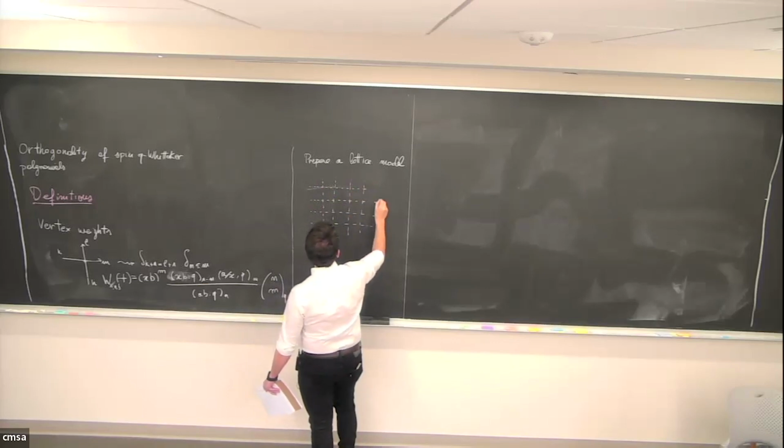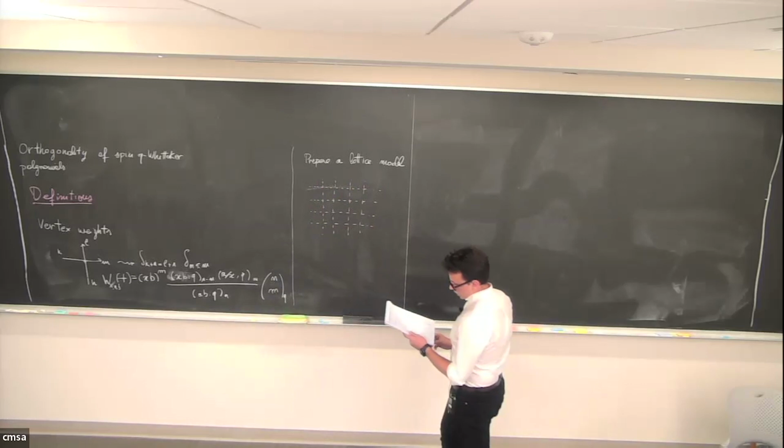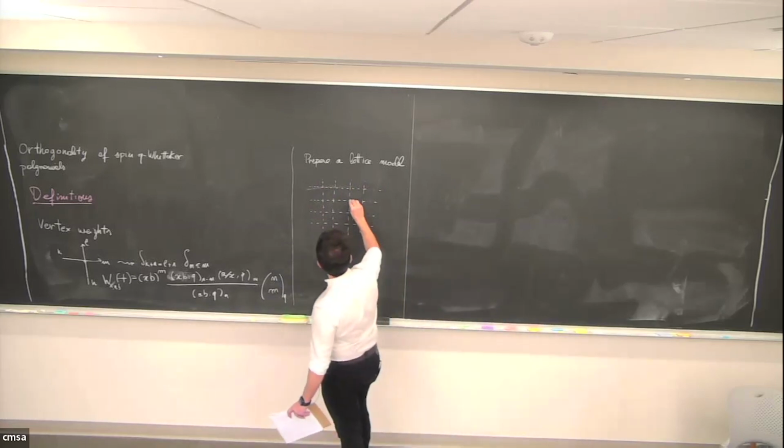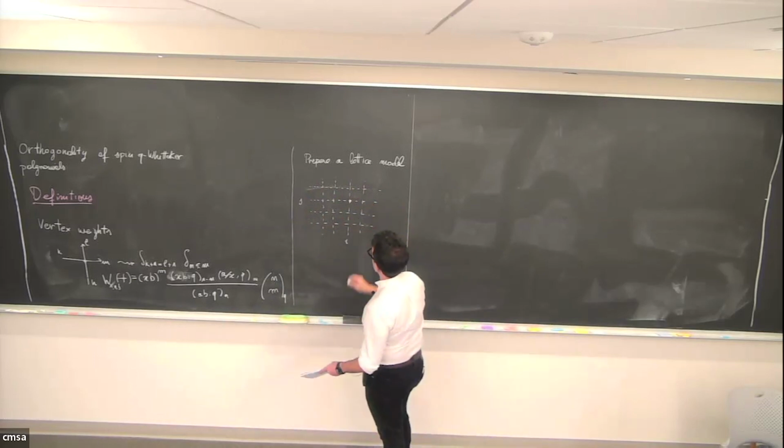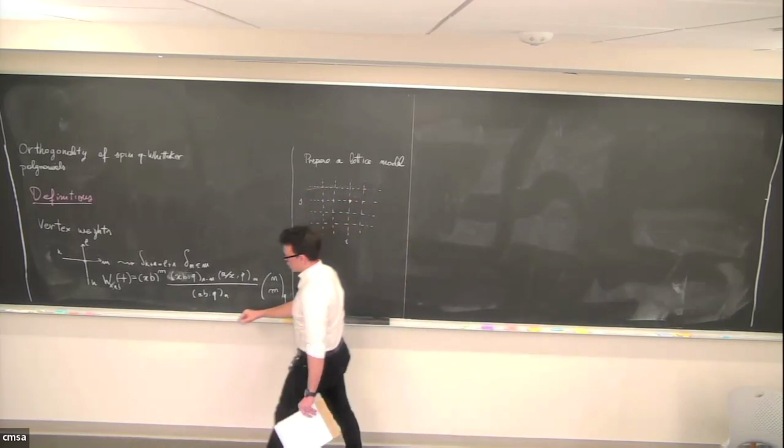We have our grid, and we associate to each vertex i, j a set of parameters.